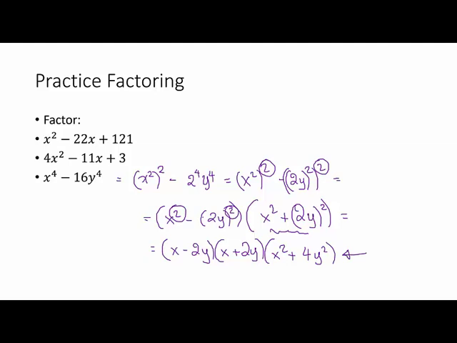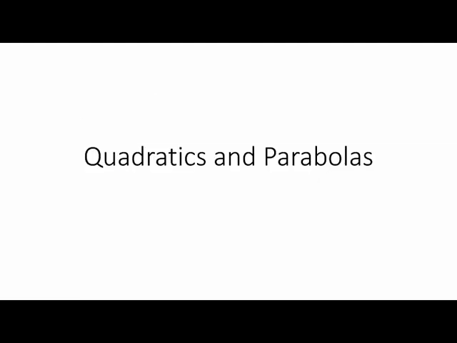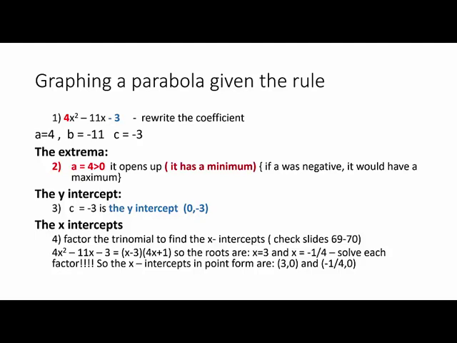So we want now to graph the parabola that is given in this slide, 4x squared minus 11x minus 3. The first step is to rewrite the coefficients. So we want to make sure what is the a, what is the b, and what is the c. A is equal to 4, b is equal to negative 11, and c is equal to negative 3.